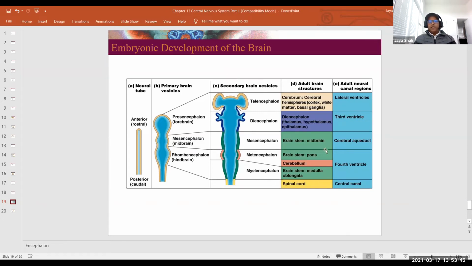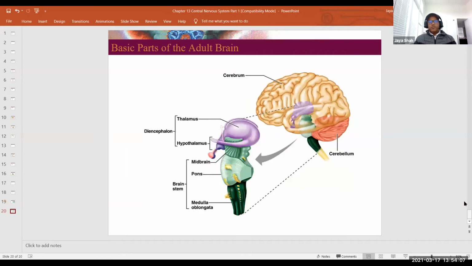And then the third ventricle continues with the fourth ventricle through a very, here you look, it looks big, but it is like an opening. That is called the cerebral aqueduct. And then between the brainstem and cerebellum, here is another cavity that is called the fourth ventricle, and the same continues in the spinal cord, called the central canal. Okay.